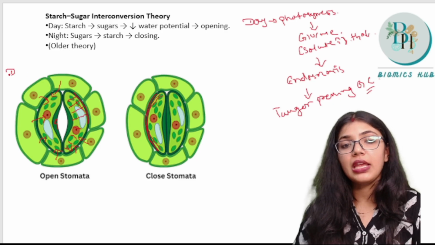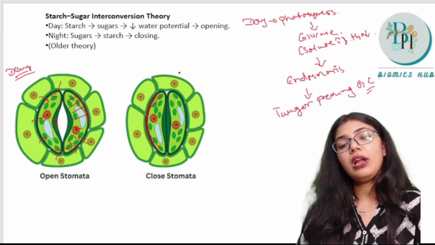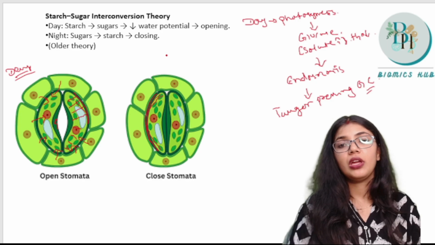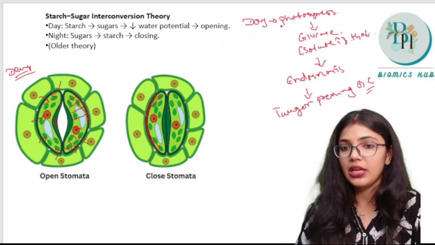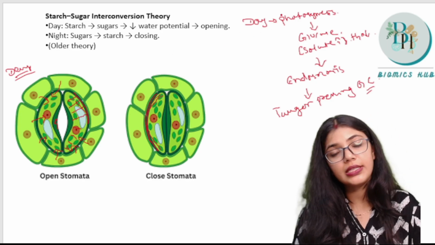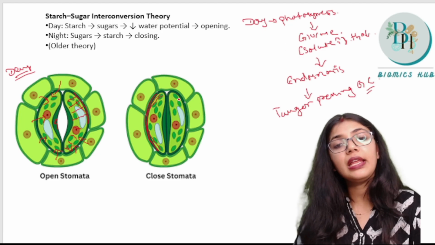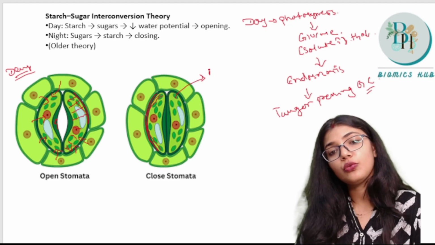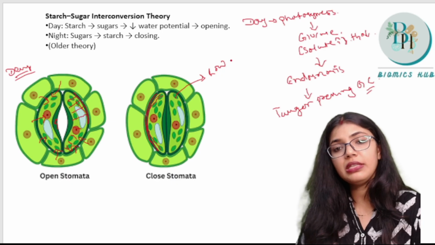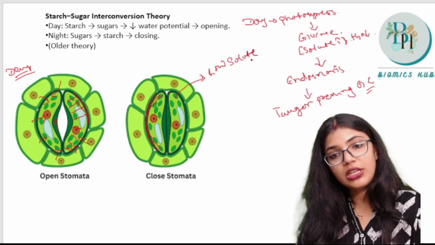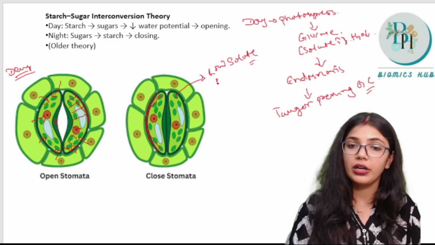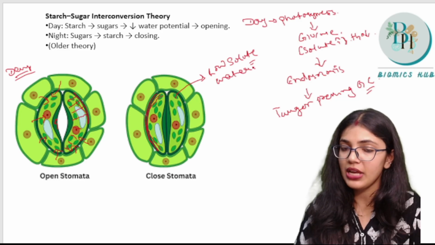So this is in case of daytime. What happens in case of night time? In case of night time there is no photosynthesis taking place. So here there is no glucose. As it has no glucose, that means low solute concentration is present inside the guard cell. So water will be more inside the guard cell.